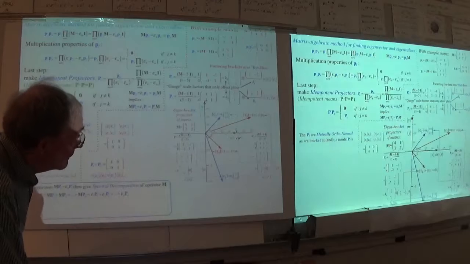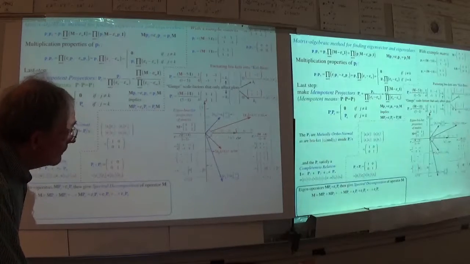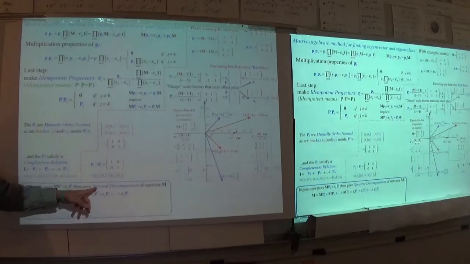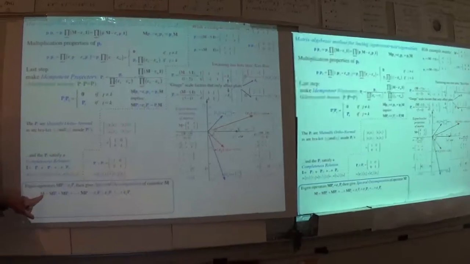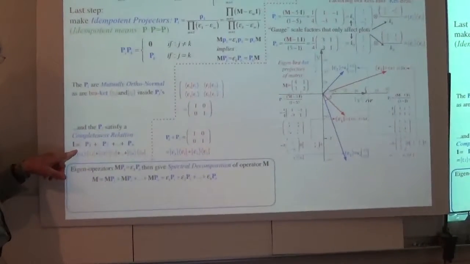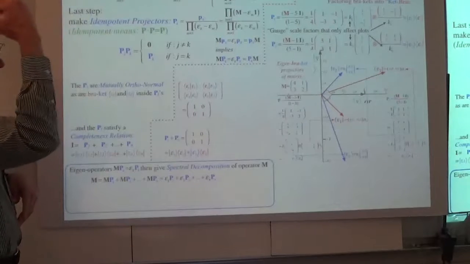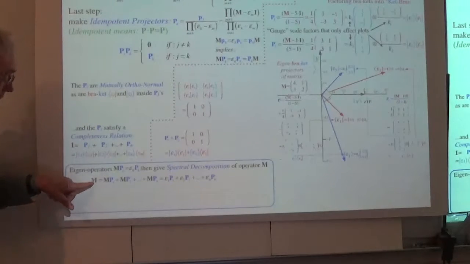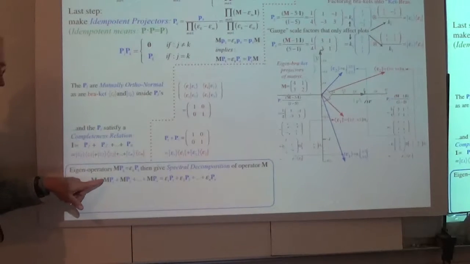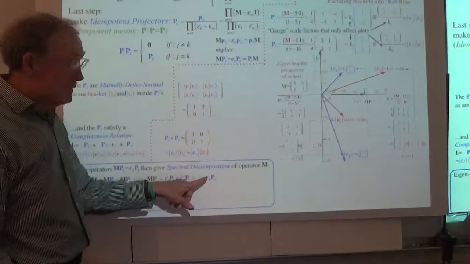And this, summing it all up, is what we call the spectral decomposition of an operator. Because if I take this relation right here and multiply by the original 1, 2, 3, 4 matrix for us, but in general matrix M, each time it hits one of these projectors, it just gives an eigenvalue.